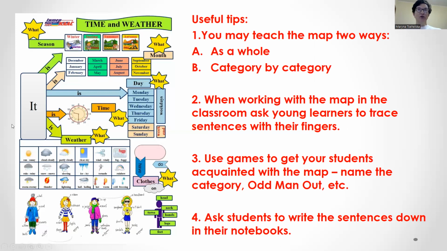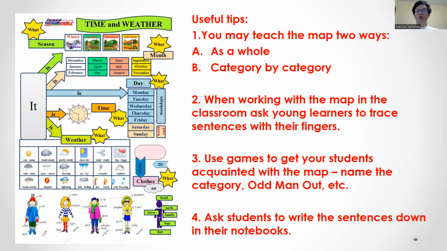You can use lots of games with these maps. You can name the category and they will tell you the words from the category, or you name the word, for example, Thursday, and they tell you weekday. Or you say windy and they say weather.